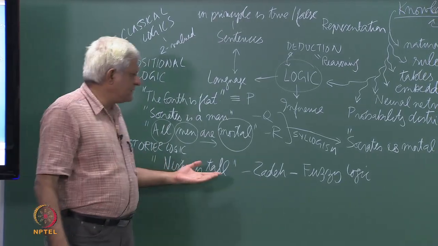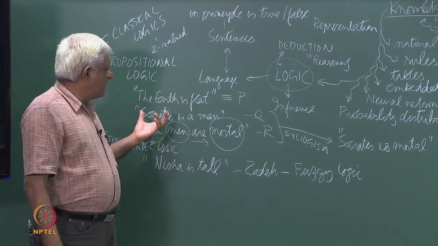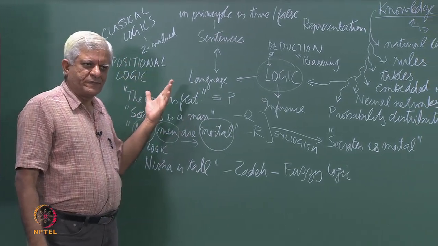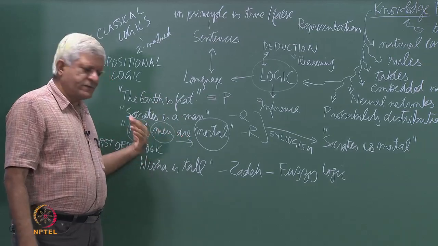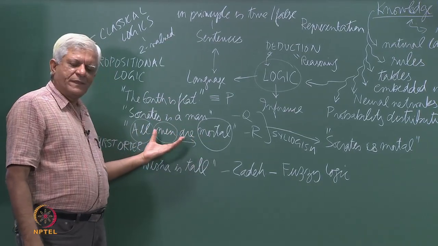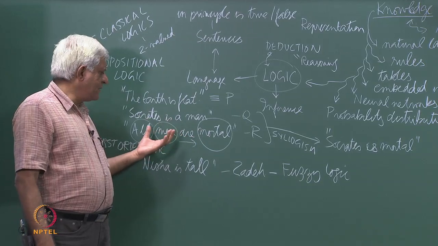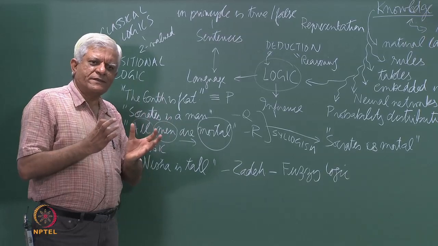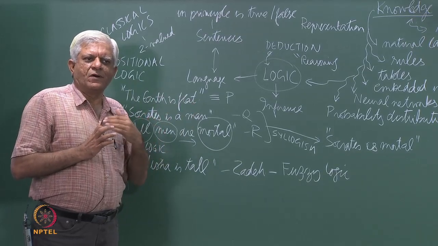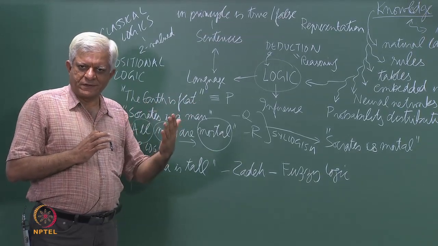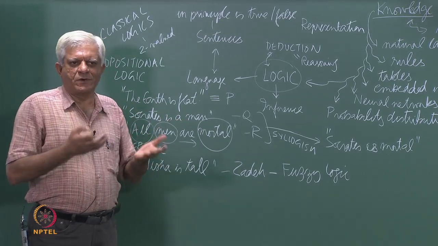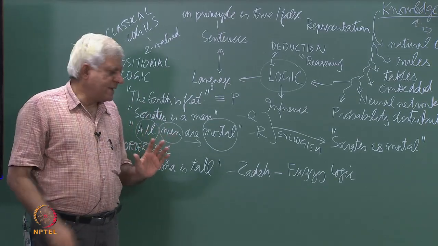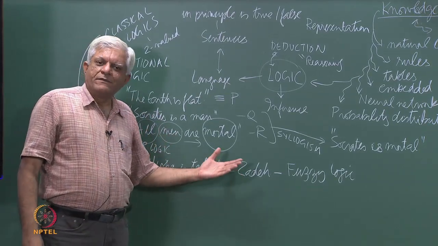In two valued logics a sentence is either true or it is false essentially, and that is, as we will see, the semantics of a sentence like this: if you are mortal you either belong to the set of things which are mortal or you do not belong to the set of things which are mortal. So, if you belong to the set of things which are mortal then you are mortal, otherwise you are not mortal. That is a crisp set, as we say.